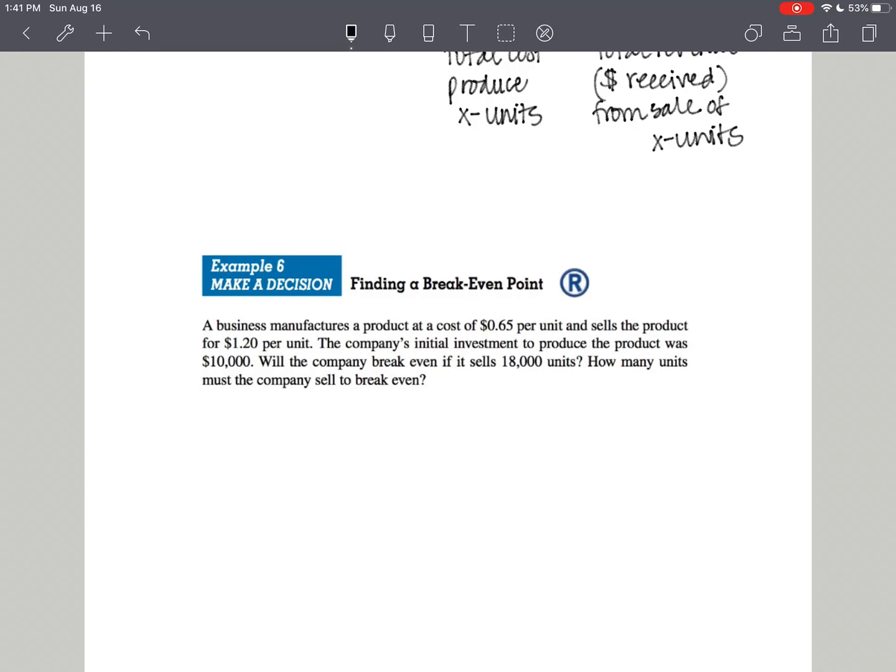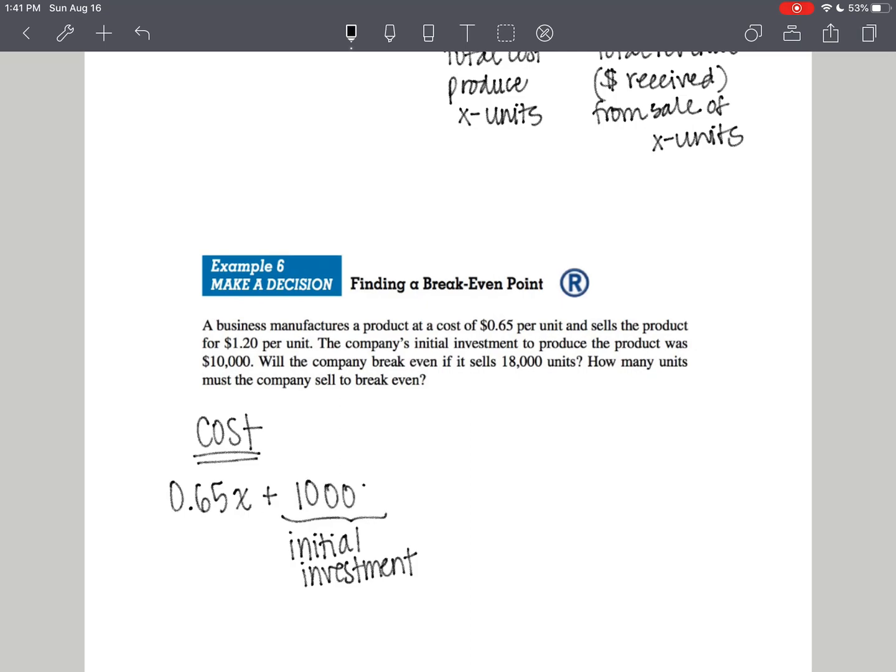So let's just see. So we've got our cost is 65 cents per unit plus the initial investment. That was a cost. So 65 cents per unit that we make, and then $10,000 for the initial investment.